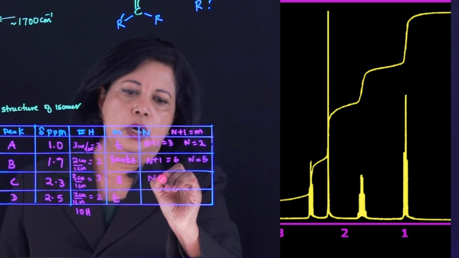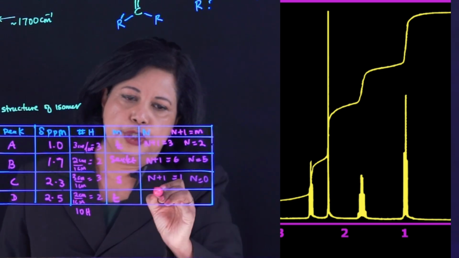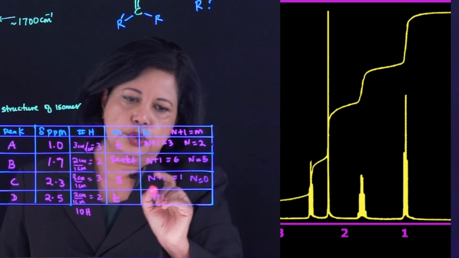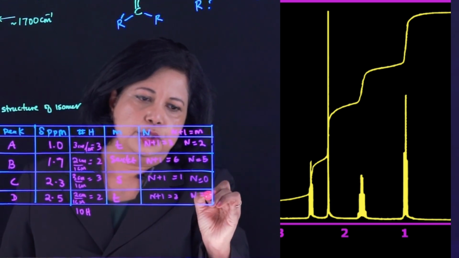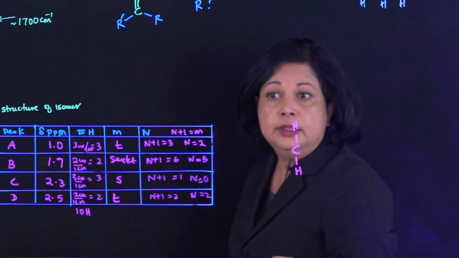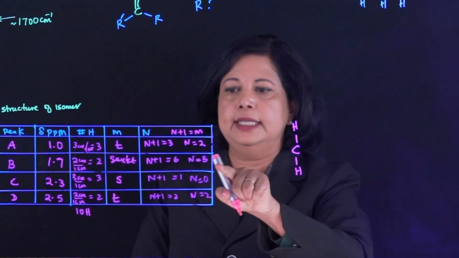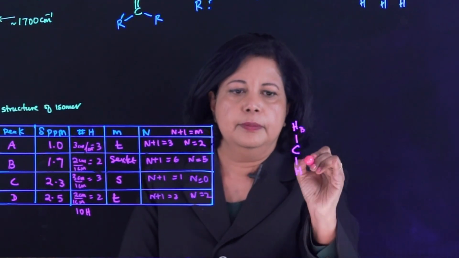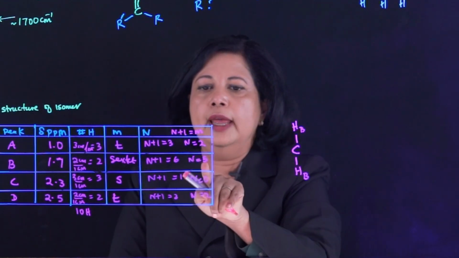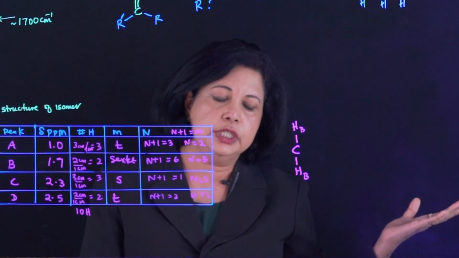For the singlet, n plus 1 is 1, so n is 0. This guy has no neighboring hydrogens. N plus 1 for a triplet is 3 multiplicity, and therefore n is 2. So if you take B, let's say these are your B hydrogens, then you have to have 5 hydrogens next door. How can you have 5 hydrogens?